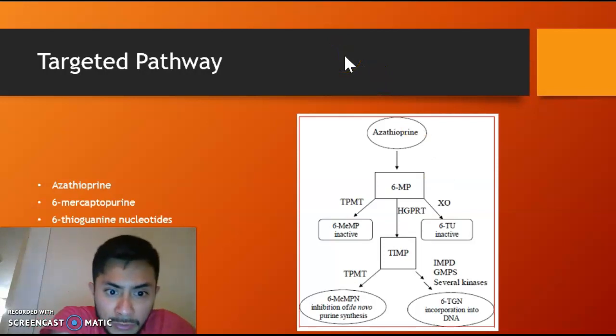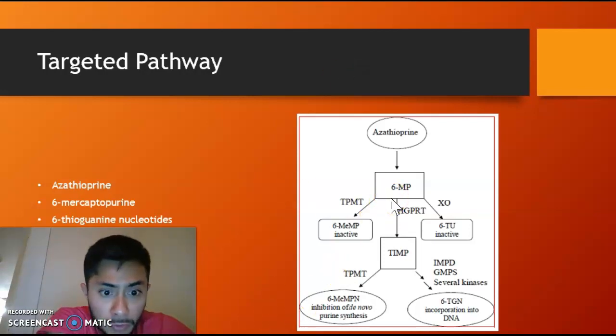So again, about those three different pathways. We can go over our main one that we're trying to achieve, and probably the most important one. So azathioprine is activated and it goes through the liver.